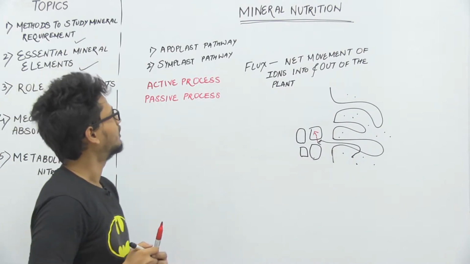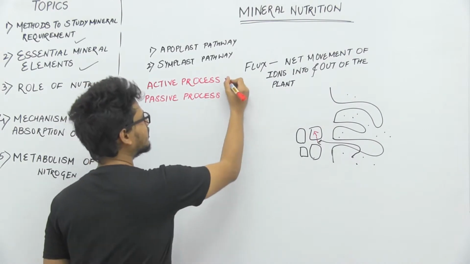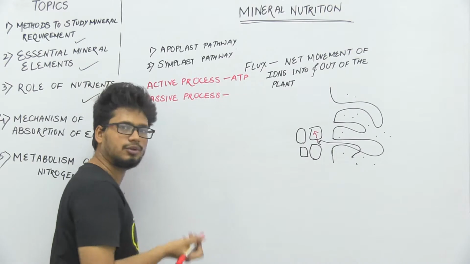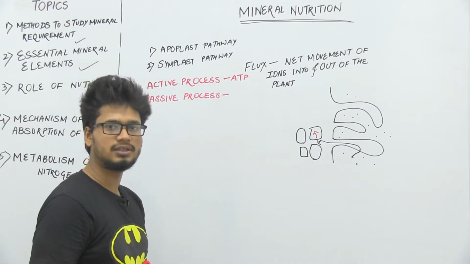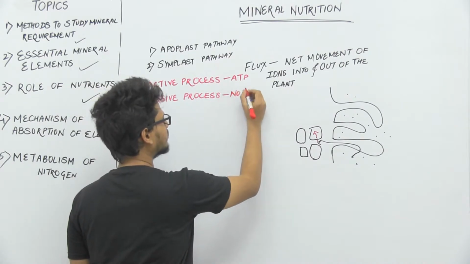So जो active method होता है, as its name implies, active method uses ATP. But जो passive method होता है, passive method में we use other methods जो हम अभी discuss करेंगे, and this does not use ATP.